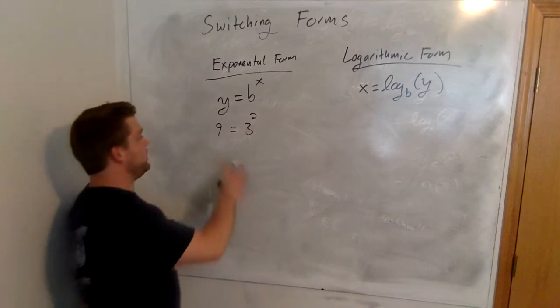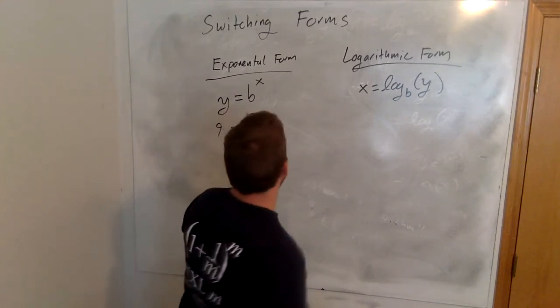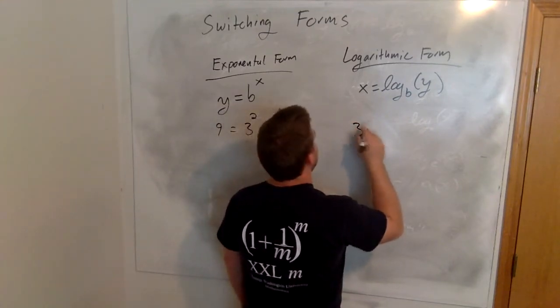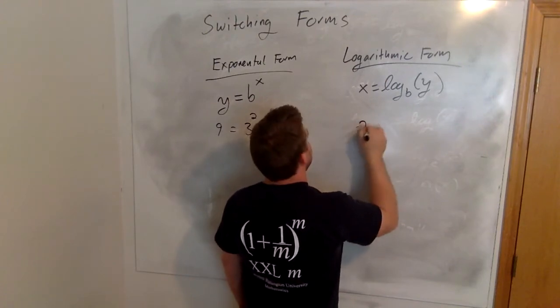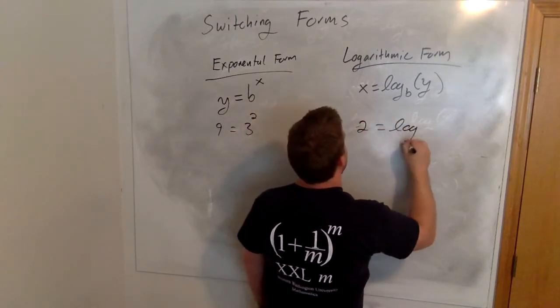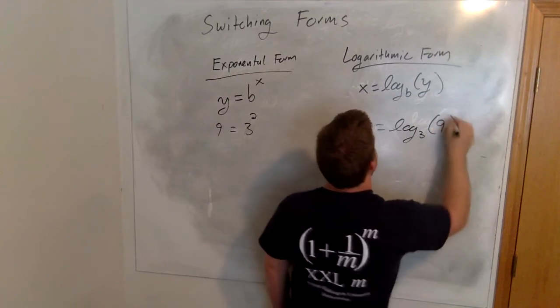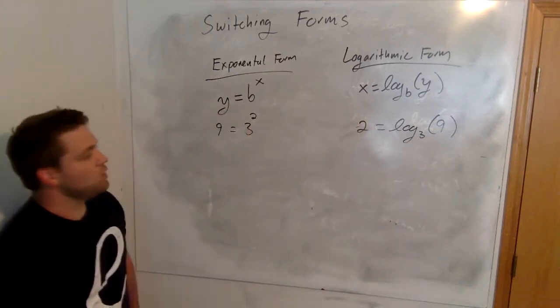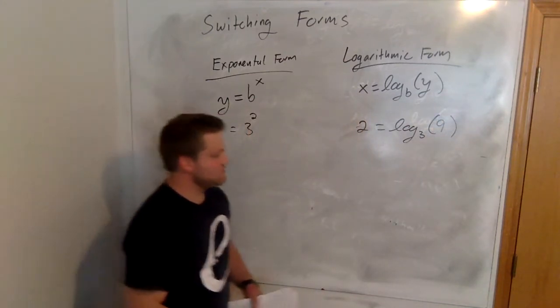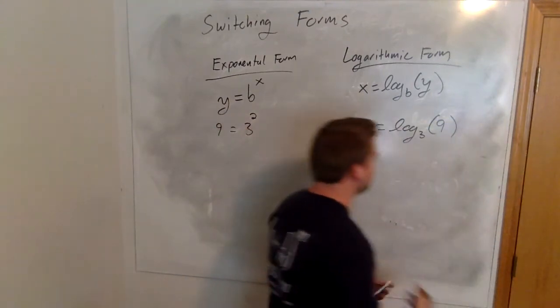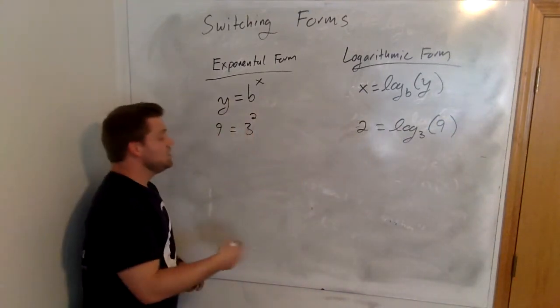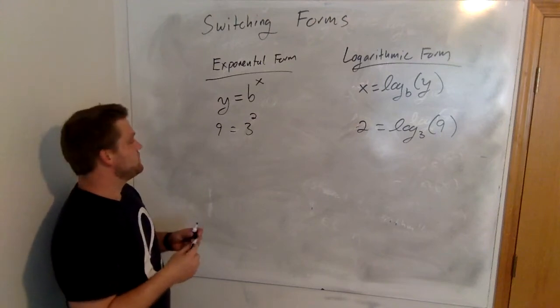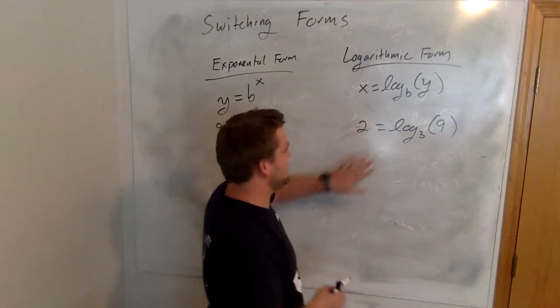So this would read over here that 2 is equal to log base 3 of 9. Let's compare what this is saying to how you think about square roots. How do you read this? Let's pretend that I didn't have the 2 here.